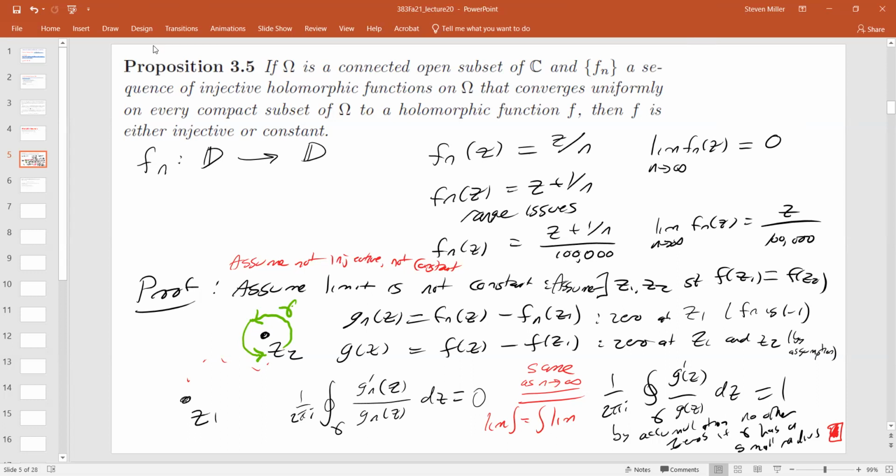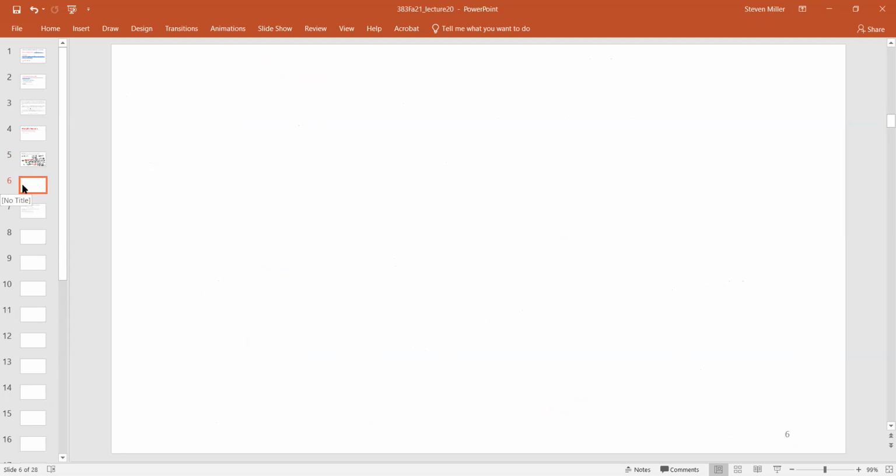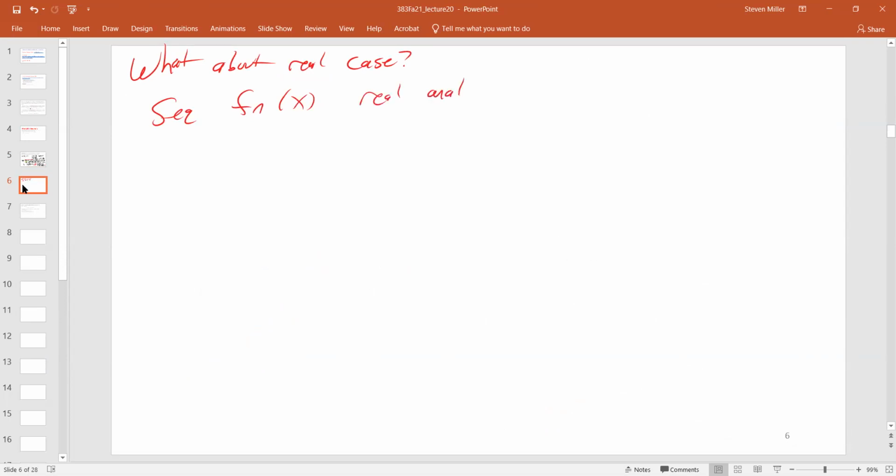What question do you think I should ask about this now? Related to the other questions we've been asking all year. Yes, what about the real case? Do you think that we will still have convergence if we have a sequence like this? So say we have a sequence Fn of x, say it's real analytic.